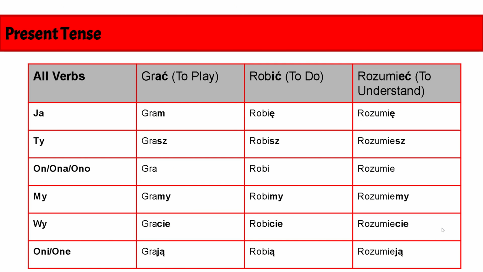Wy rozumiecie. Oni or one rozumieją. Similar to over here, we have that ją once again, and we have the ie over here. So it's a little bit of a mix of both. But again, every eć verb in the present tense, if it is regular, will follow this same pattern of suffix changes. So you learn rozumieć, and you learn every other verb that has that eć ending.